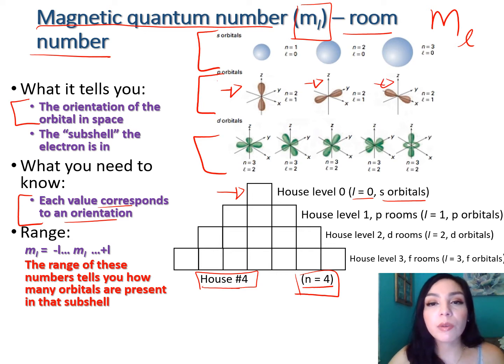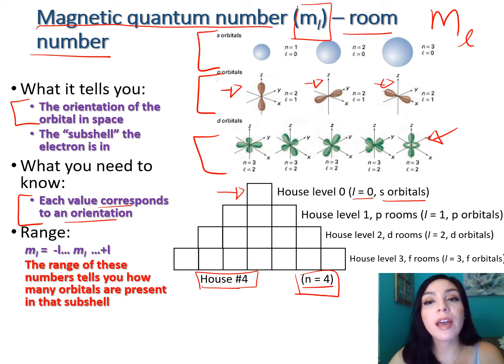Now the d orbitals, they're a little bit more complicated. You have those different combinations of axes, and then you have this weird d orbital that's a dumbbell with a donut around it. Don't worry about knowing the actual axes that each one is in. Just know how many orbitals are within each level.